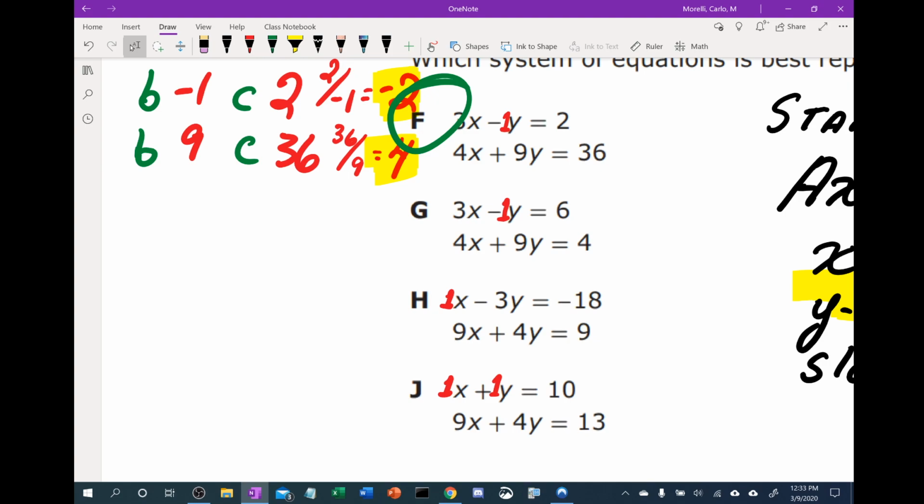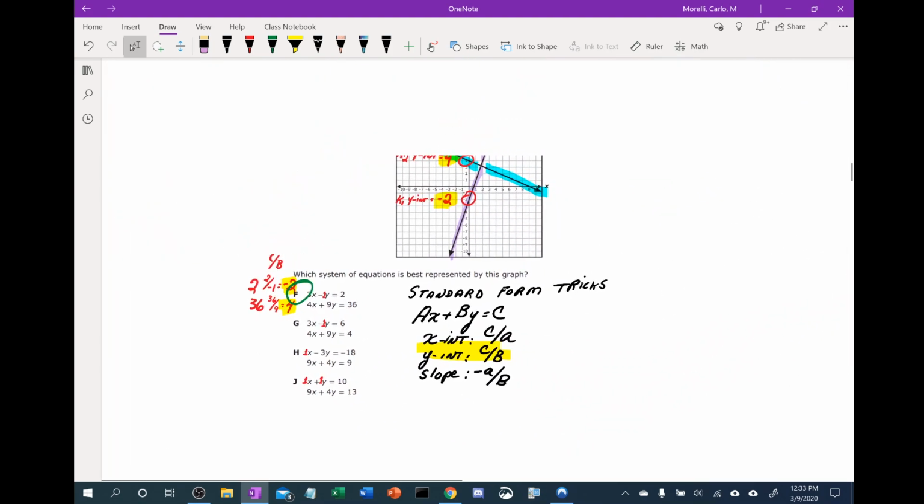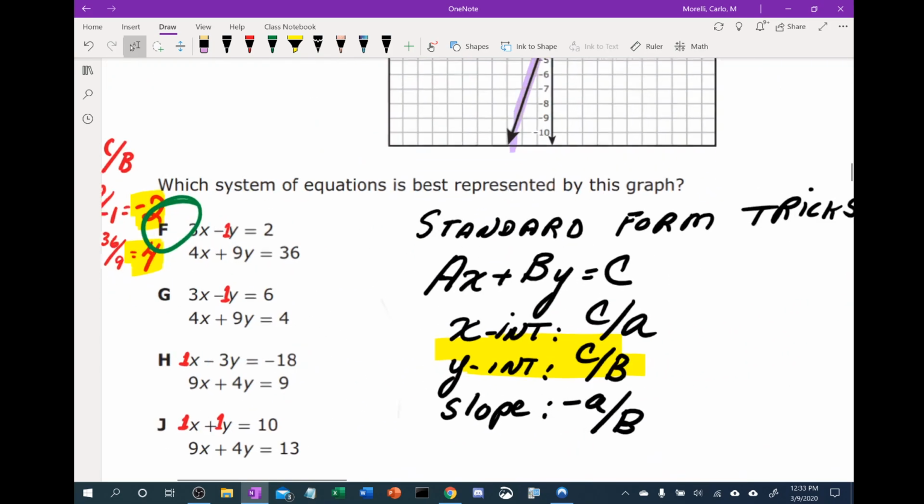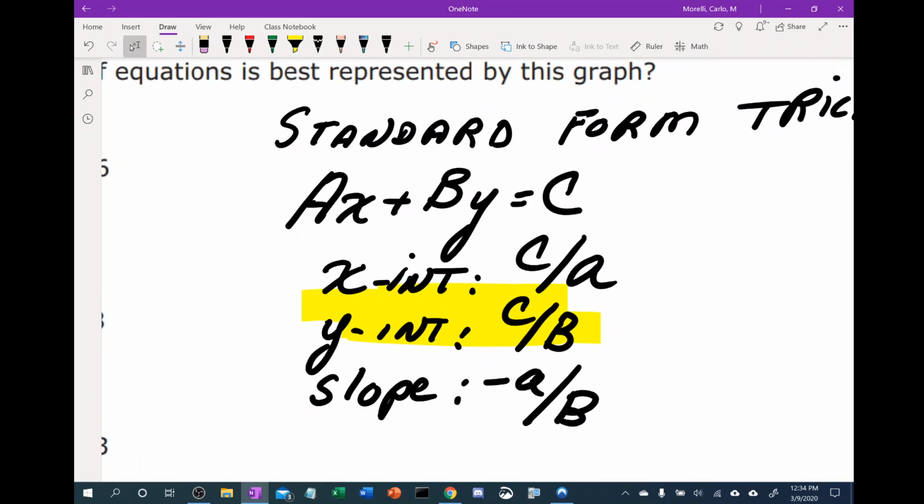Then they put each pair into the calculator to see where they crossed, and then they would check the y-intercepts and the x-intercepts. This problem took 10 minutes last year, this exact problem. This year, it's very fast, but it relies upon us remembering the trick. If you remember the trick, you're good to go. If you don't remember the trick, you know.